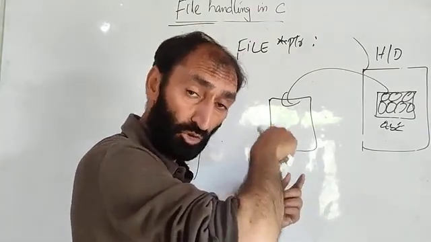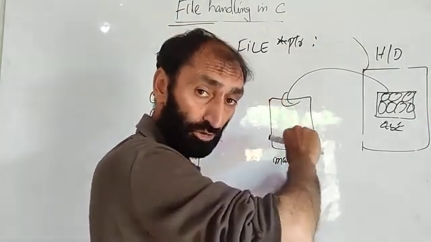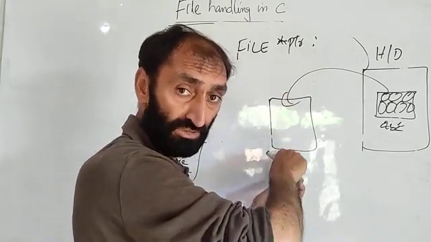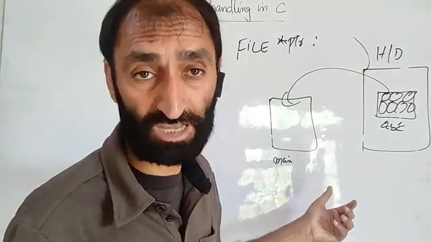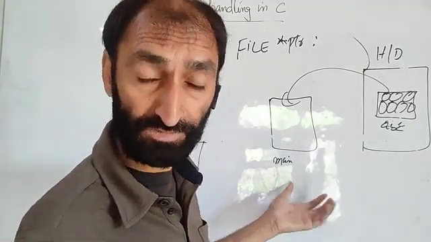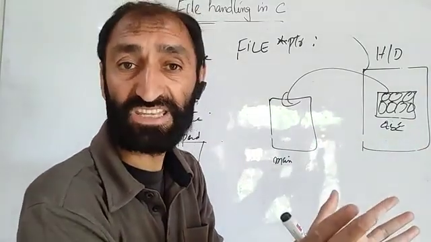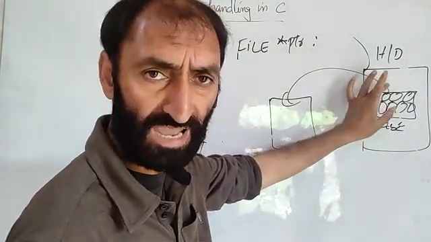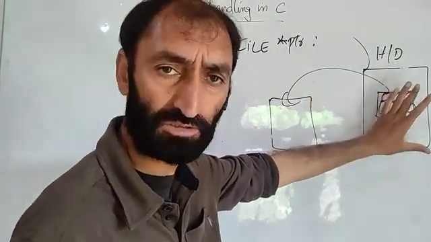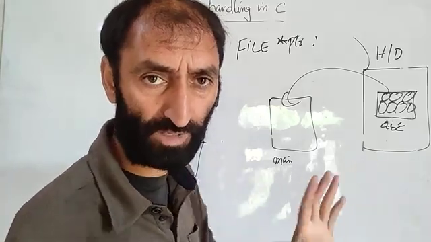But we cannot store data in the main memory permanently, because it is volatile in nature. Due to this volatility, we cannot store data in this memory for a long time, and we cannot store a large amount of data due to its small size. So in order to store data permanently, and in large amounts, we need the hard disk, where we can store the data in the form of files.